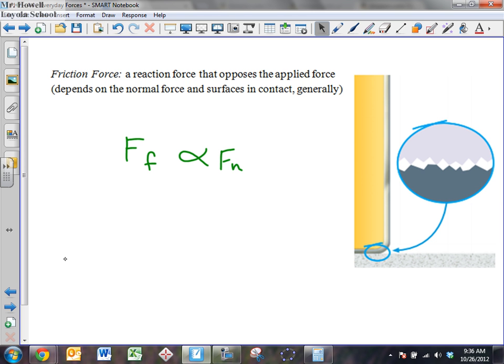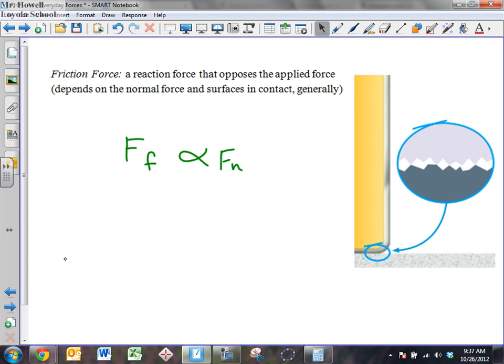Now, the reason for that is pretty tough to think about, but it makes sense. Between the molecules, between the surfaces, there's an electrostatic force that causes the surfaces to want to cling to one another. Now, once that force is broken, once those molecules are no longer in contact, and now it's sliding, the electrostatic force reduces.